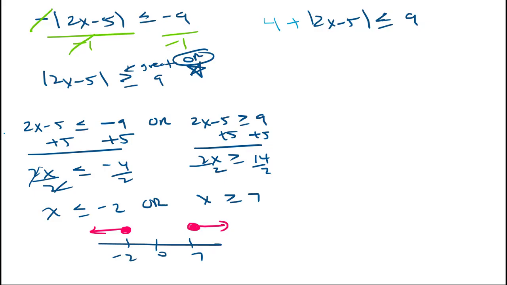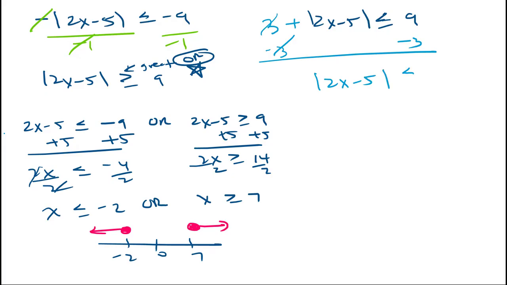Actually, let's put a 3 there. Say 3 plus something, right? So I need to get the absolute value by itself. So I'm going to subtract 3 on both sides. And that will give me the absolute value of 2x minus 5, and that'll be less than or equal to 6. All right, so this is a less than, right? Play on words.